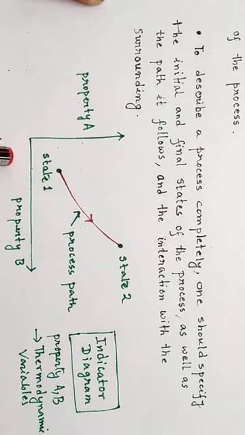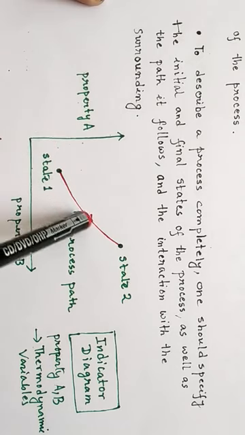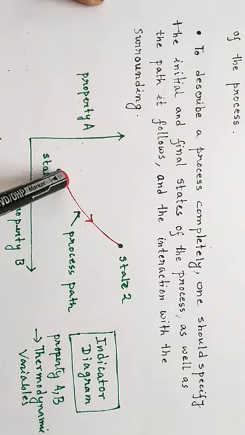Initially the system is at state 1. This is the first equilibrium state, and it corresponds to a particular value of property A and property B, that is, the thermodynamic variables. Now during the process, as you see, property A and property B are changing.